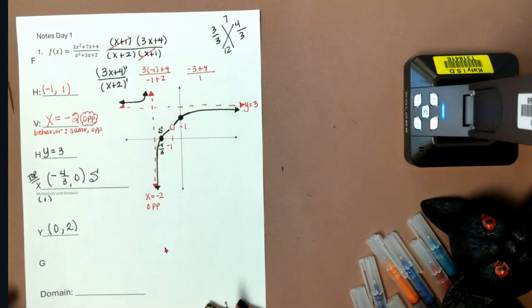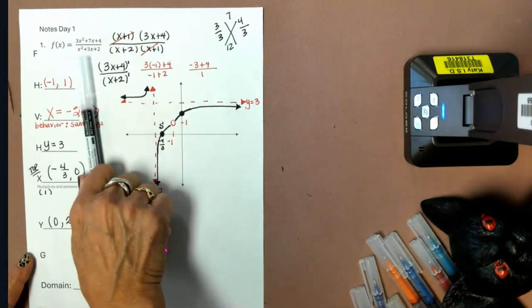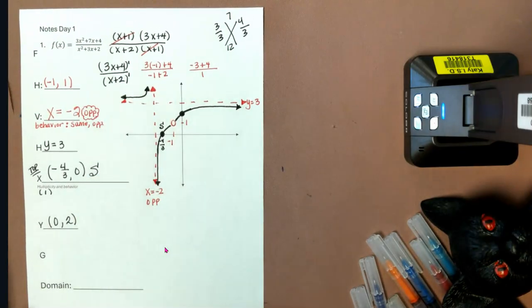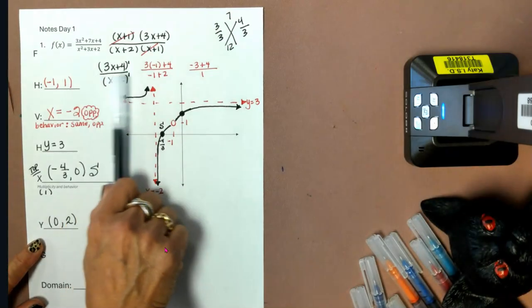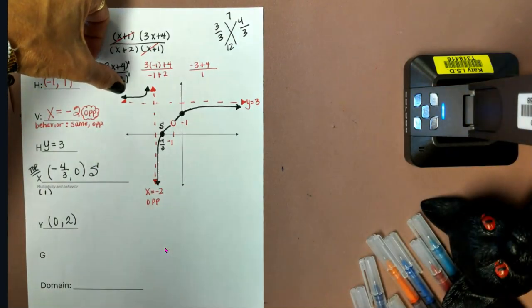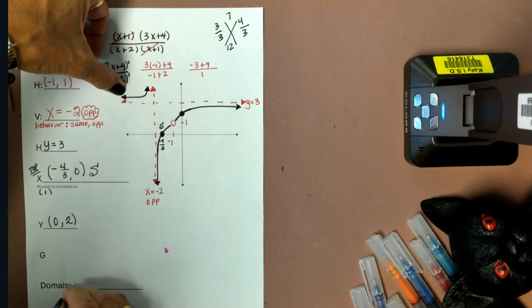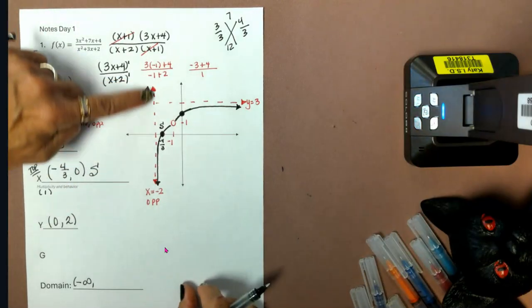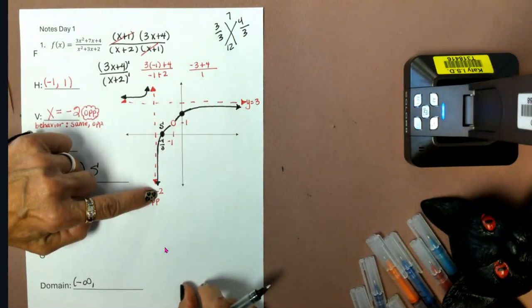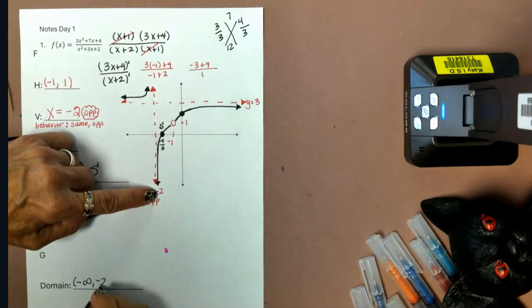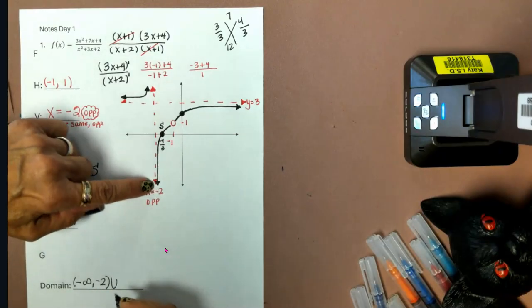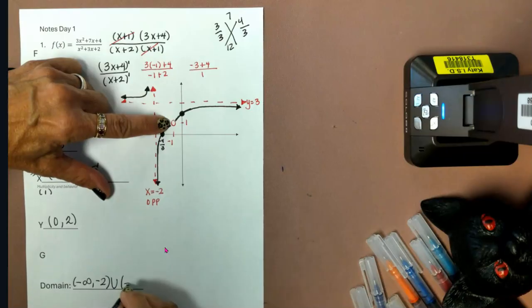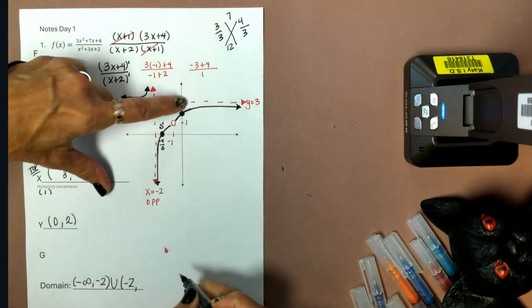Let's go ahead and talk about the domain. See, it's kind of easy because we'll just scan using our eyeballs here. So the first thing I see over here on the left is an arrow. So when I see that arrow, of course, that's going to mean negative infinity. Now we're going to go to negative infinity and block out our first discontinuity, which is -2. We're going to pick right back up after -2. And remember, we skipped over this hole.